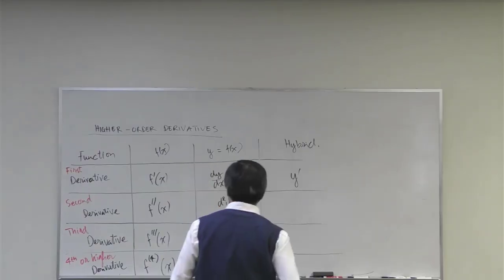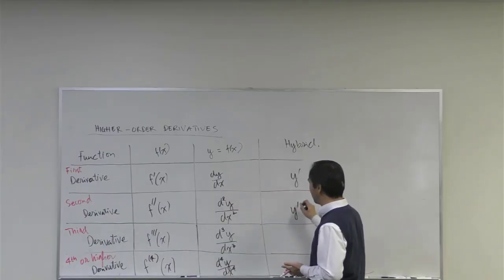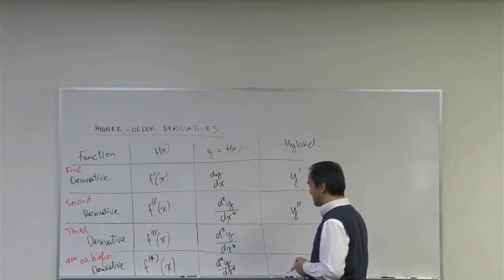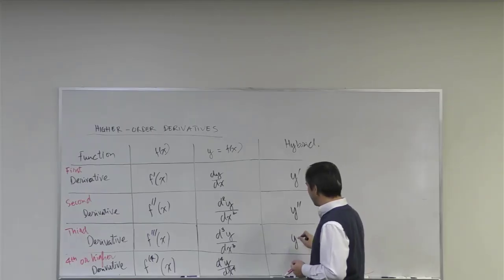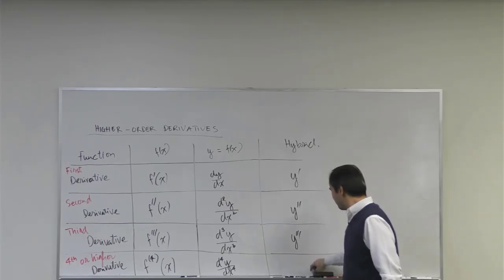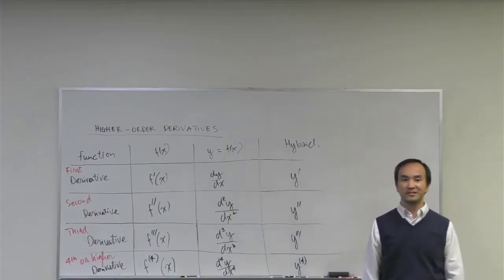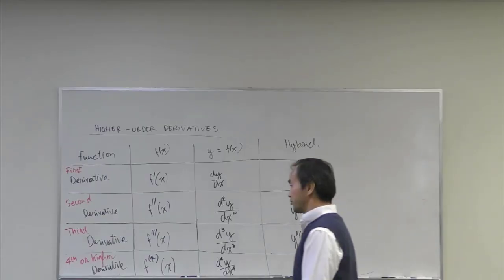The second derivative in the hybrid version is y prime prime, y double prime for short. The third derivative you can still write with triple primes. When it comes to the fourth derivative or higher, you still put the order in as a superscript in parentheses. That's the hybrid version of those symbols.